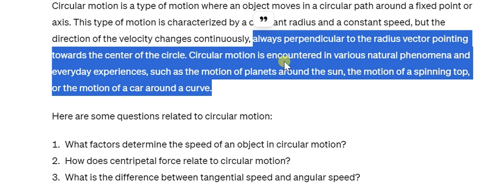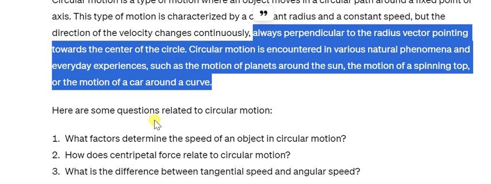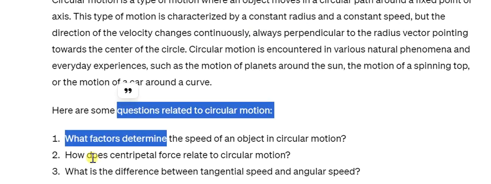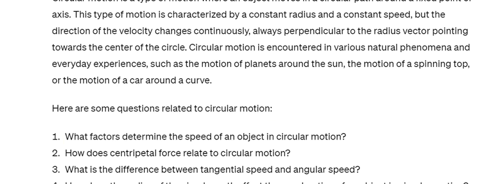Now, we will think about some questions related to circular motion, and in this series, we can see that there are some questions. What factors determine the speed of an object in circular motion? This is the first question. Second question is how is centripetal force related to circular motion? Third one is what is the difference between tangential speed and angular speed?